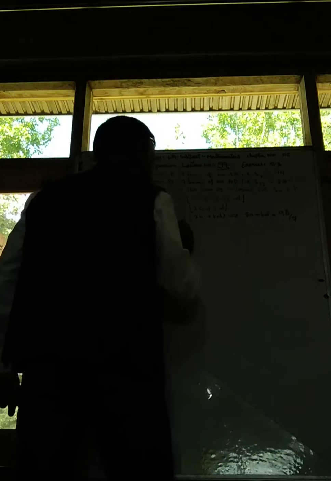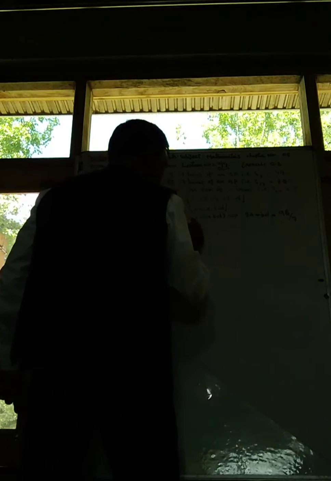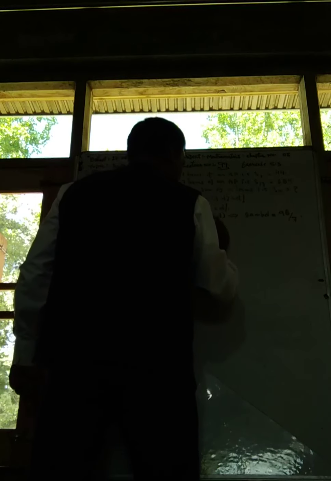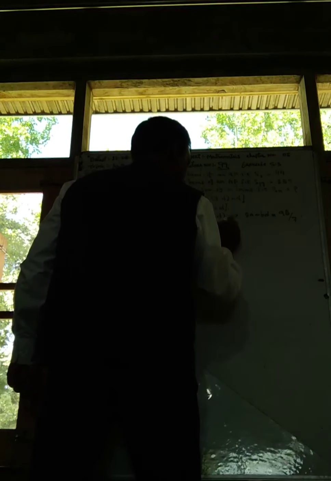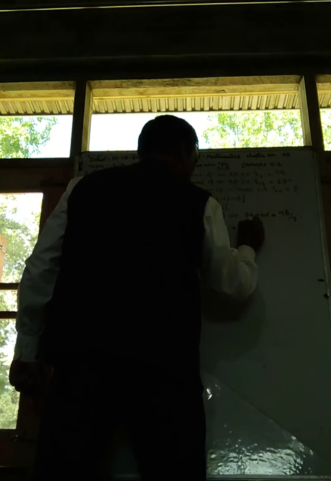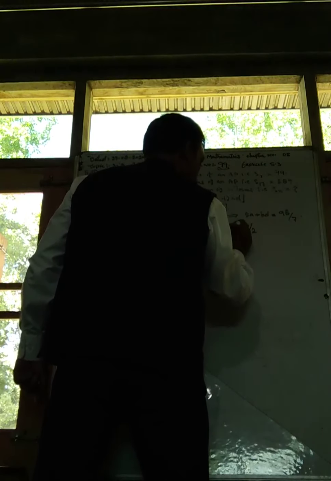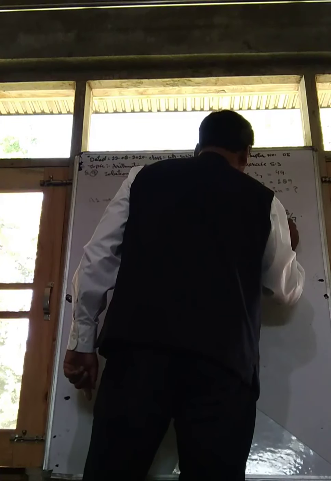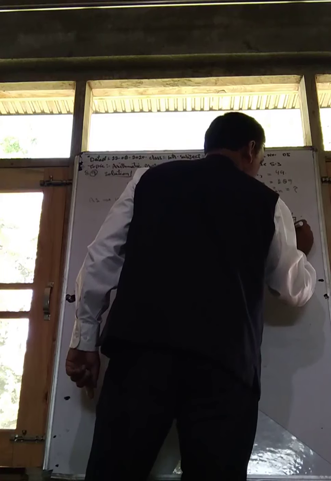This implies 2 into (a plus 3d), taking 2 common, is equal to 14. Which implies a plus 3d is equal to 14 divided by 2. That is, a plus 3d is equal to 7.